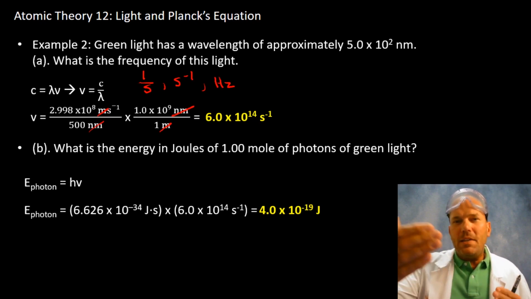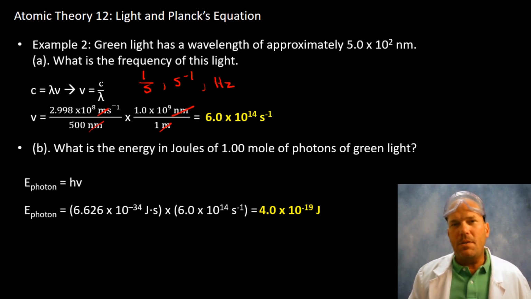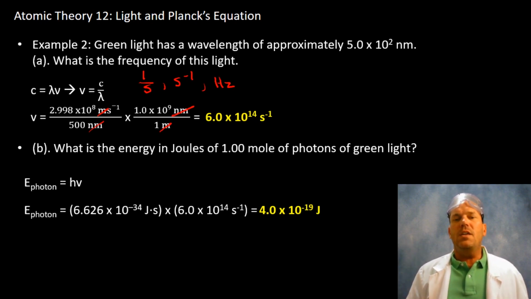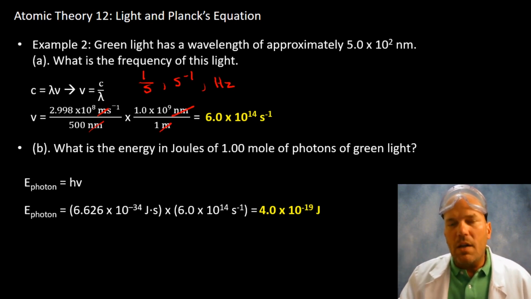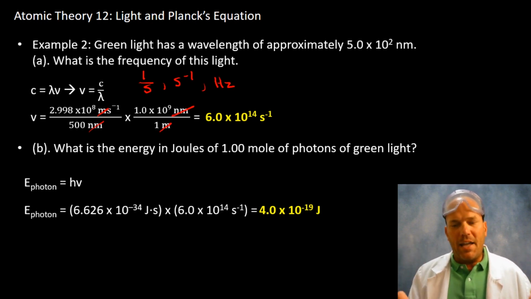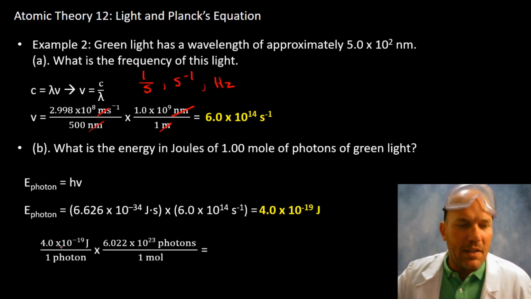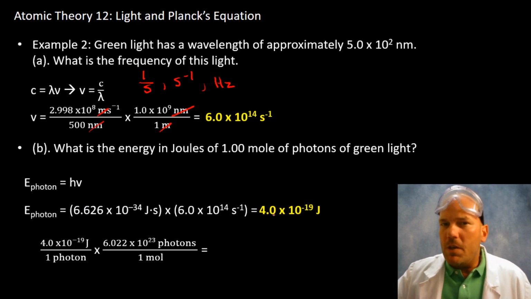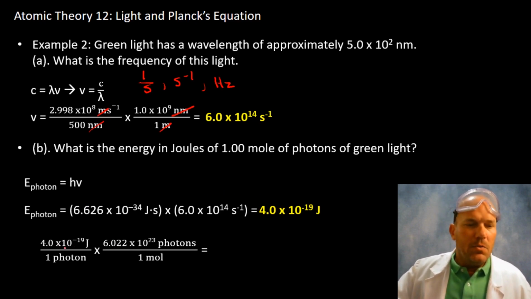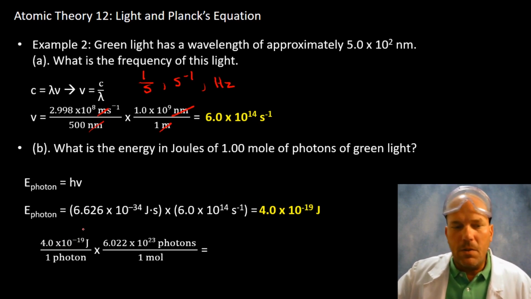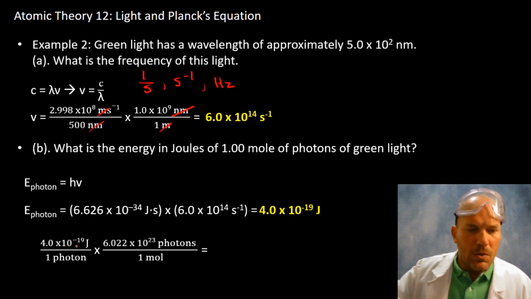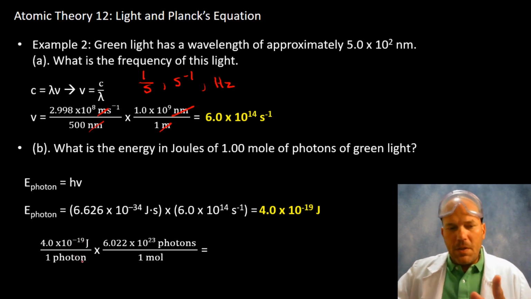So now we get to continue on with our computation by converting this into the energy that a mole of photons of green light would have. So, beginning your dimensional analysis here, start with what you calculated. So you know that there are 4.0 times 10 to the negative 19th joules in one photon.